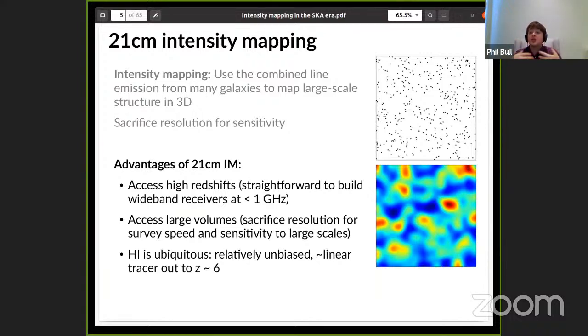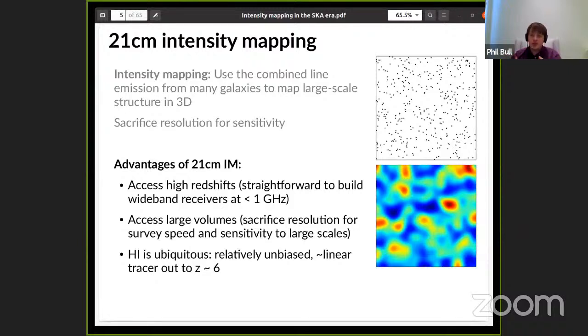And of course, because of the cosmological expansion, that rest frame frequency of 21 centimeters has been redshifted to lower frequencies. So when we see this emission line at lower frequencies, we know it's from further away, from higher redshift. And so that means we can make 3D maps of the universe. We can do tomography with this type of emission.